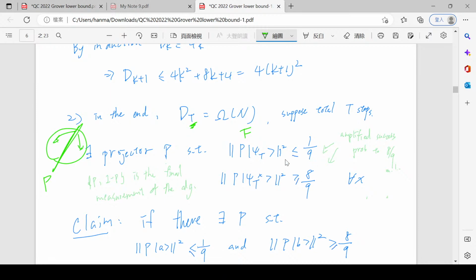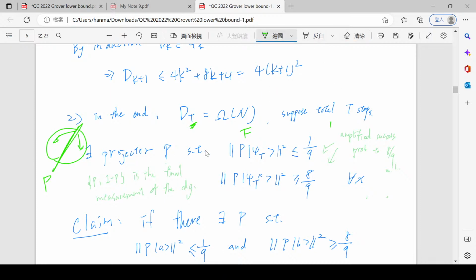And usually we do the high probability with 2/3, like 1/3 and 2/3. But for convenience here, we say the accept and reject probabilities are 1/9 and 8/9, because we are going to use a bit of a bad argument.